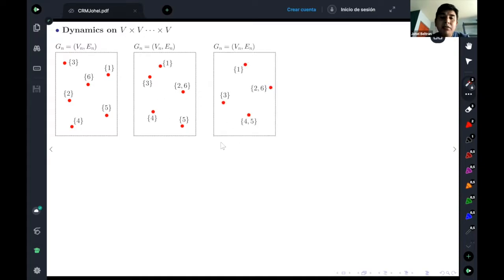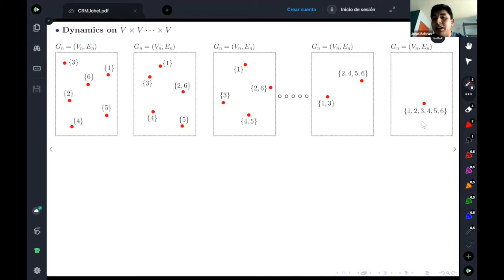Then after some time, particle 4 and particle 5 have coalesced, and now they go together. So now we have these 4 groups of particles. Recall that the graph is finite and connected, so after some time you will see just 2 groups of particles, and the final transition will be that in a finite time we see just one group of particles. All the particles have coalesced.